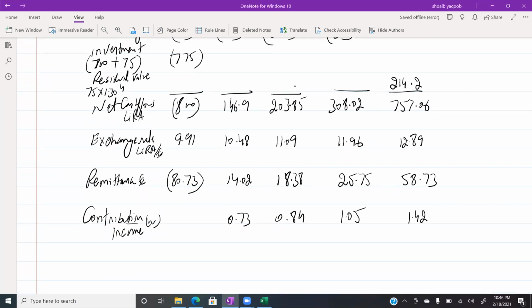Is there any other cash flow? No. So let's calculate the net cash.